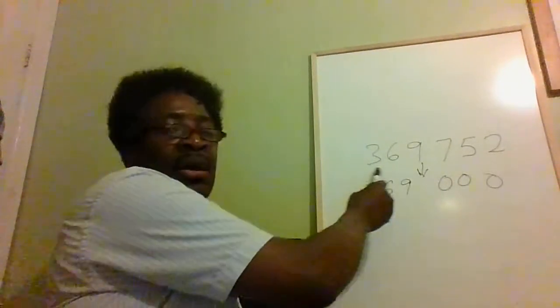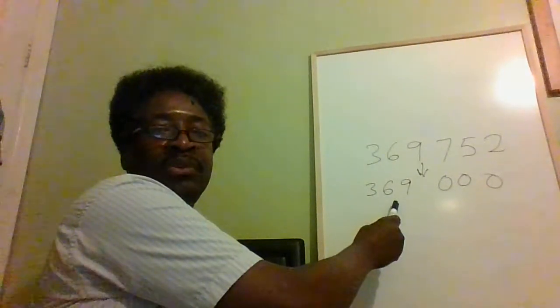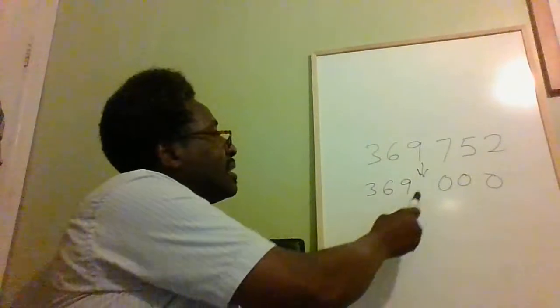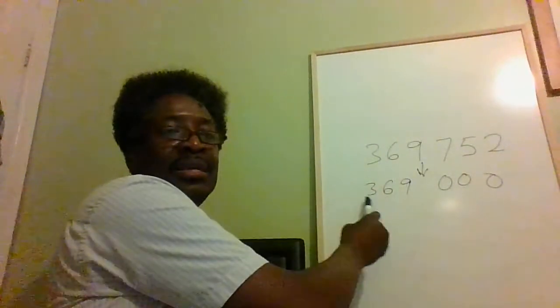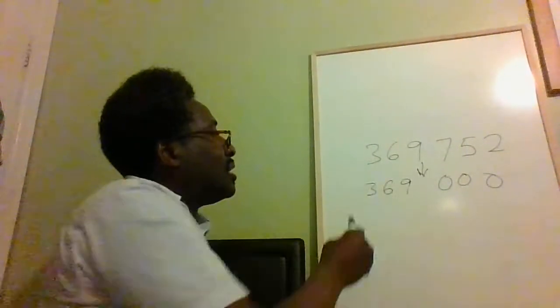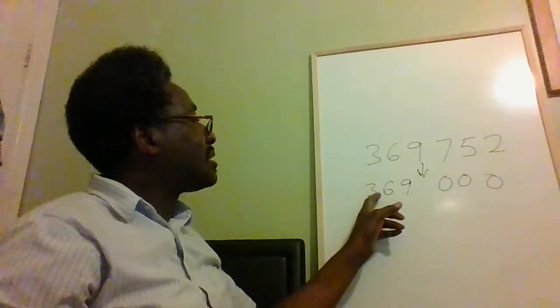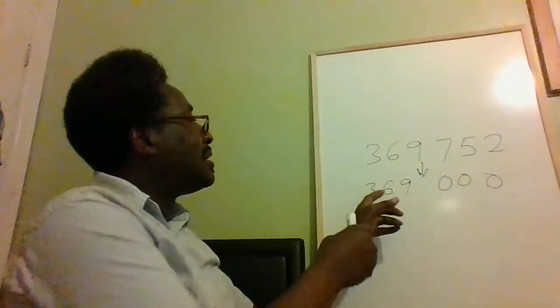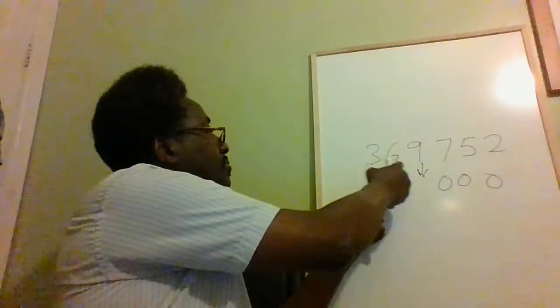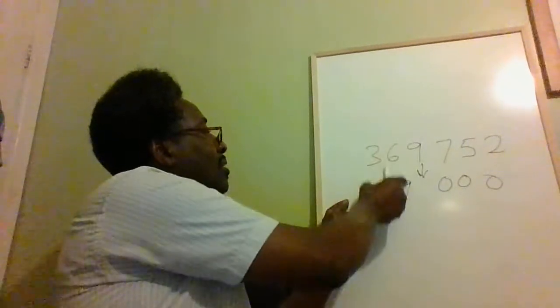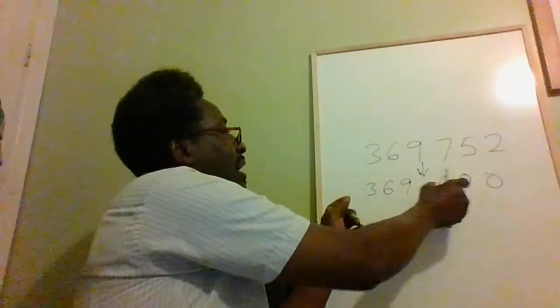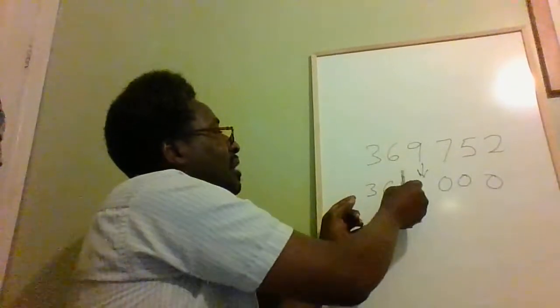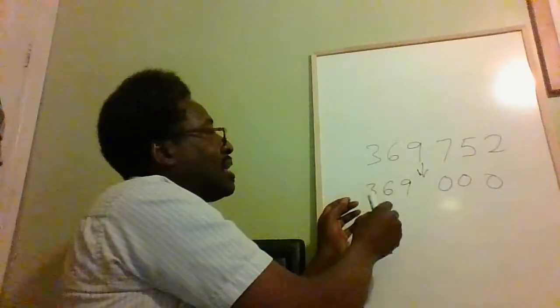And everybody who has been listening to the previous videos can say this number in words. Imagine that these 3, 6, and 9 are over here in this place value area. So you say 369.